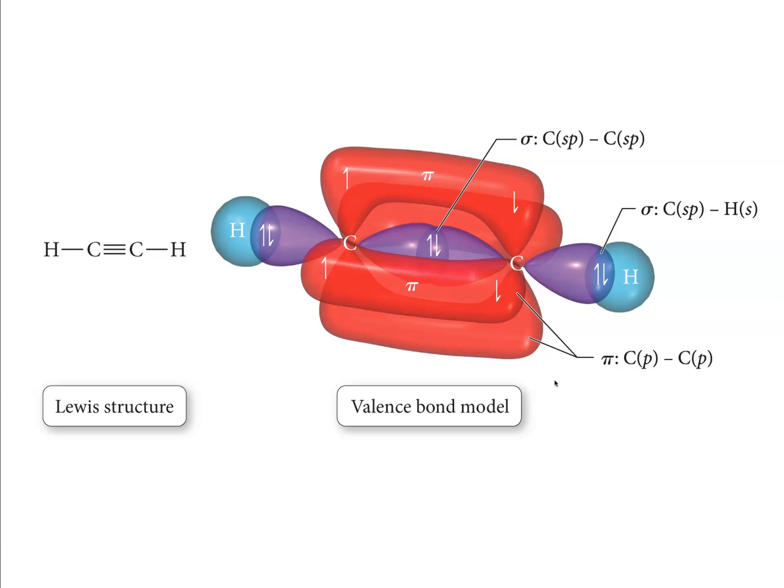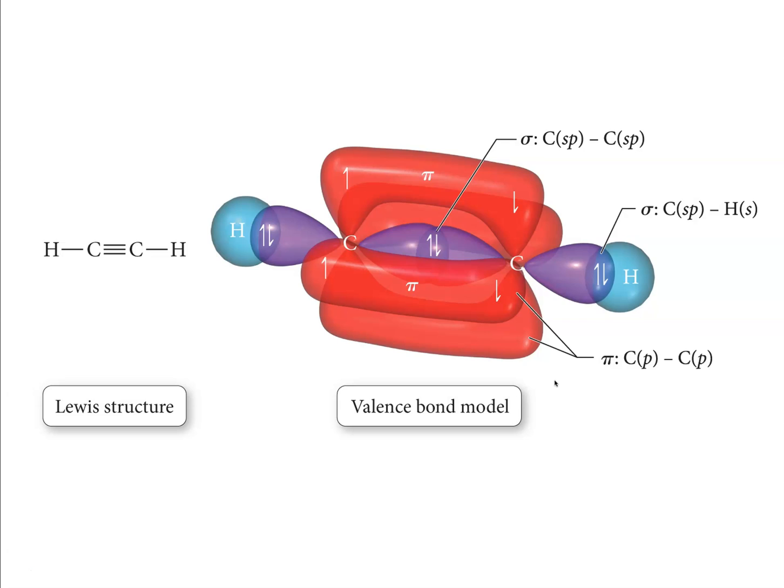All right. Well, here's the fun one to try and look at. Again, both carbons are sp hybridized, and the sp hybrids are along the x-axis, and they're making the sigma bond.